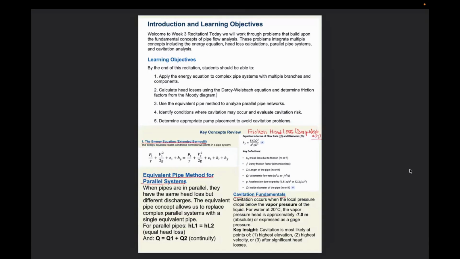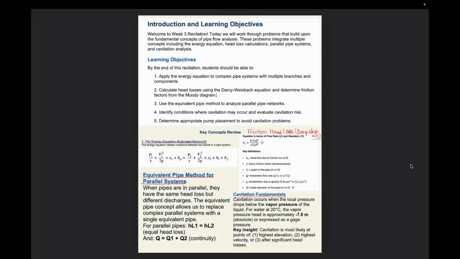So before we jump into some of the numerical problems that we are going to solve today, our main learning objective for this recitation class is we will learn how to apply the energy equation to analyze complex pipe systems that have multiple branches and components, and we will also use the Darcy-Weisbach equation for calculating the head loss and by determining the friction factor through the Moody diagram, and we will also use the equivalent pipe method for analyzing the parallel pipe networks. We will also identify conditions where cavitation may occur and evaluate cavitation risks.